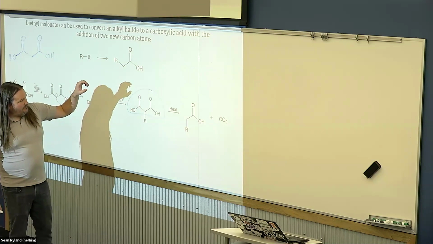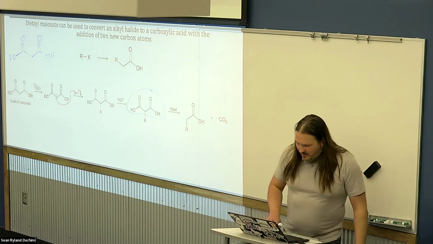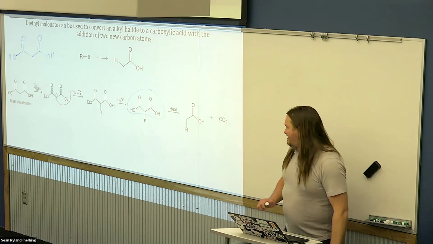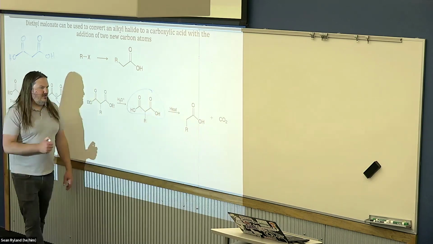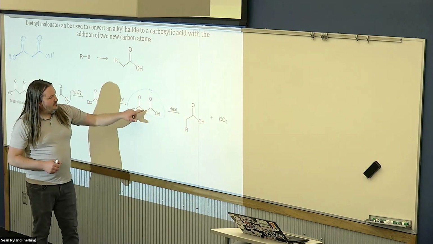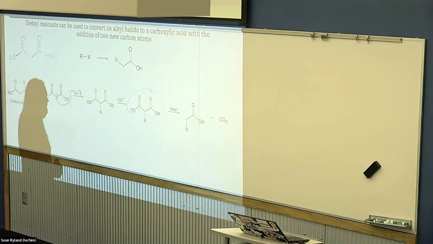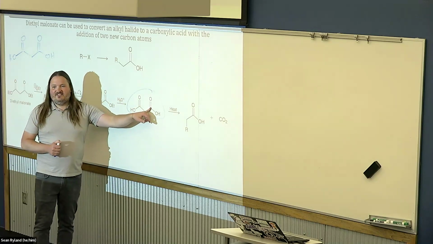And when you have what's called, let me make sure I get the term right, the beta dicarboxylic acid. So malonic acid is an example of a beta dicarboxylic acid. Even if you've got two carboxylic acids, alpha and then beta, if you heat those, you can decarboxylate one of those acid groups, basically drive it off as CO2.